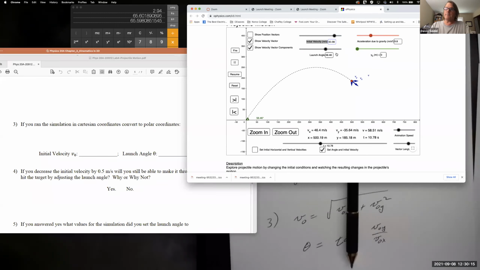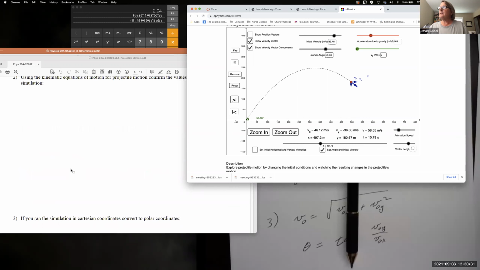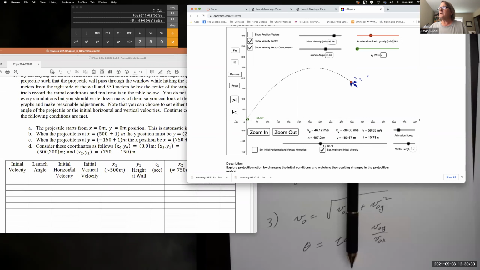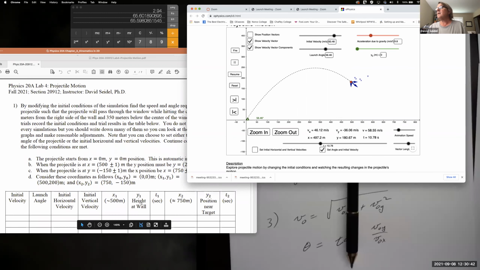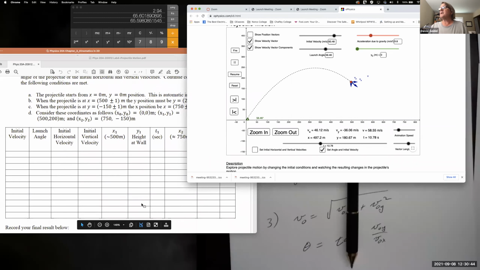You're going to decrease it by 0.5 meters per second. So you put in 83.48. Then you would determine whether there is a launch angle that can be adjusted to still meet these conditions. Okay, I think I've actually set it tight enough that there isn't, but maybe I didn't. Okay, I set your conditions.